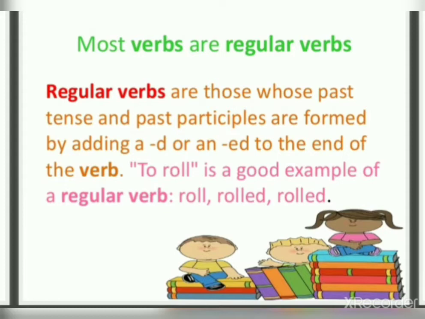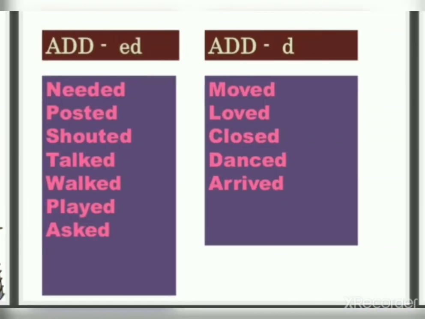There is a huge list of regular verbs. In the notes, I have provided you a list of regular and irregular verbs which you need to learn by heart and remember. You can see there are different verbs. There are a few verbs which need ed, and there are some verbs which need only d.